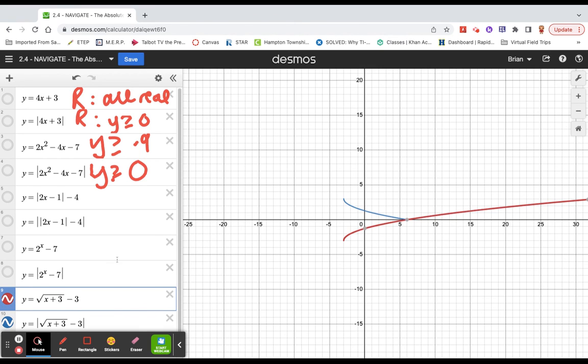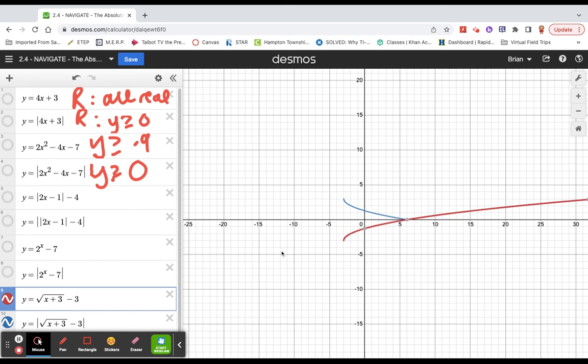What I thought was most interesting about this was that the inclusion of the absolute value didn't expand the domain at all. We were still limited by this square root function. We couldn't go beyond that in terms of domain. We were limited to following the rules of the square root. Just because I put an absolute value around the whole thing doesn't change the fact that I was limited in my original domain.